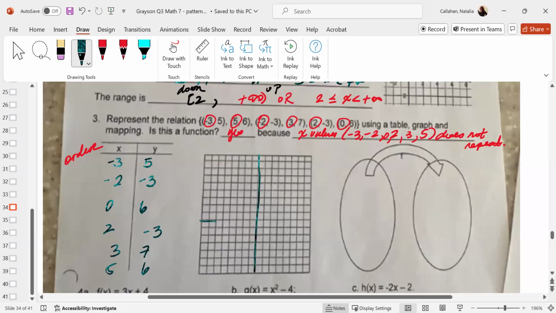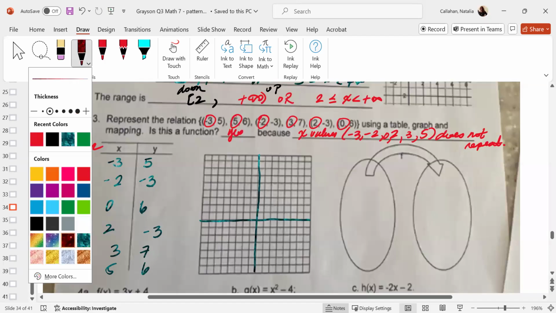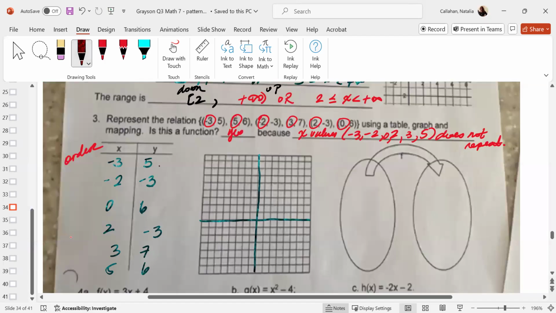And then let's go ahead and do the graphs. When you look at the graph, your smallest number or your biggest number is like 5 and 6. Do you see now why I put them in order so that we can see them? So this is just one unit. You don't have to do it by twos. Do you understand? So -3, 5. 1, 2, 3, 4, 5.